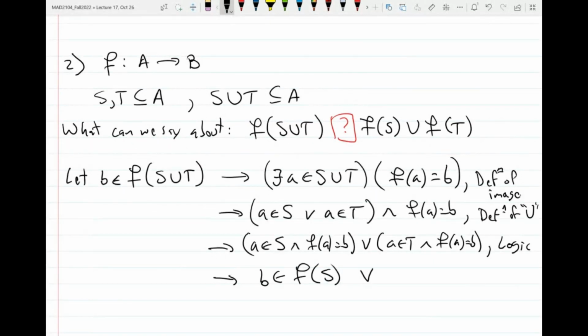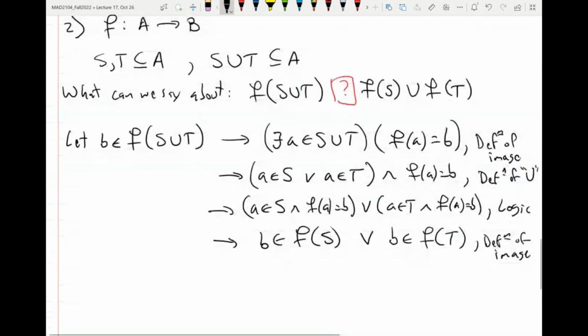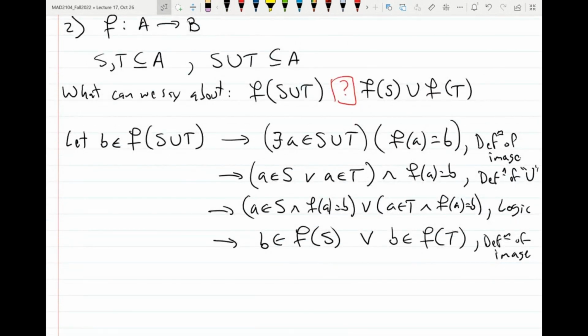Okay? Now similarly, what does the second parenthesis tell me? That B belongs to the image of T. Right? Because the second parenthesis is telling me that B is a result of doing f of something from T. So it's in the image. Okay? Here we use the definition of image. But then, if B is in this set or in this set, where is it?